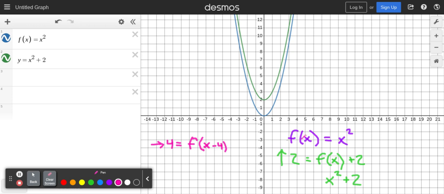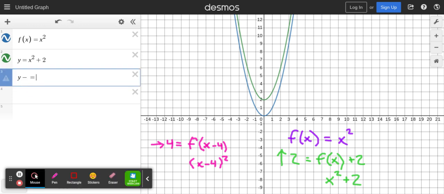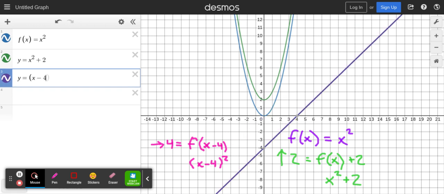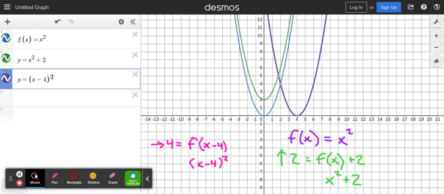So f is x squared, so instead of x squared, we're going to have x minus 4 squared. So we type it in here, y equals parentheses x minus 4, close parentheses, squared. And so it moves to the right by 4. Okay, horizontal translation.